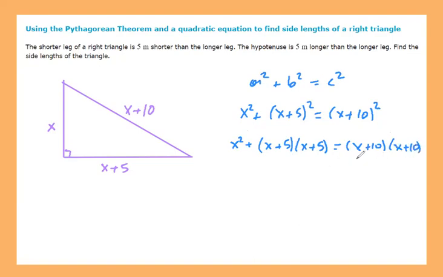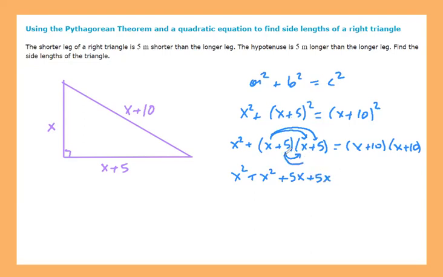Okay, so far so good. We just need to expand those two parentheses. So you multiply x by x, which is x squared. If you multiply x by 5, you get 5x. Then you multiply 5 by x, which is 5x.